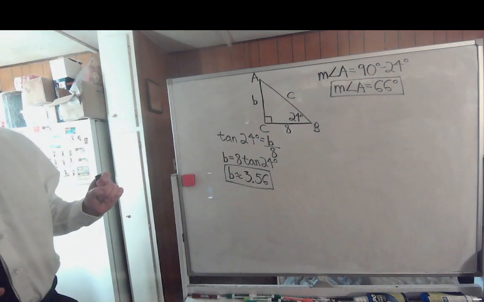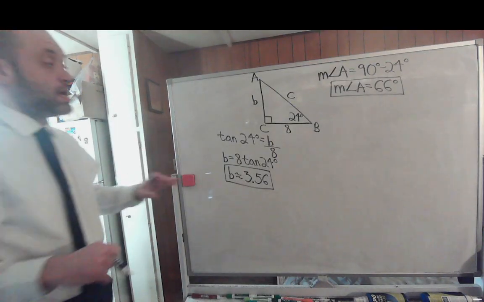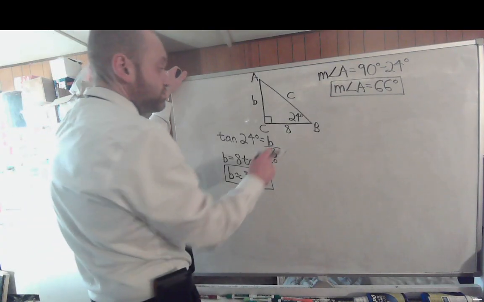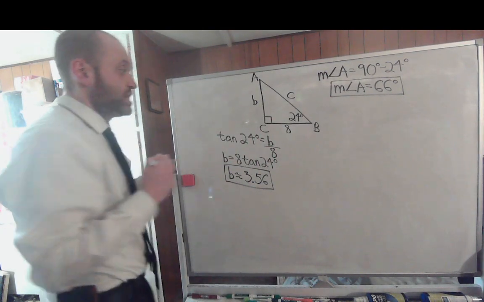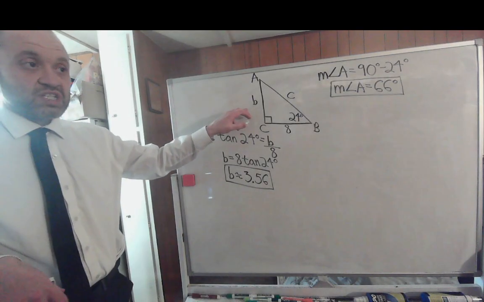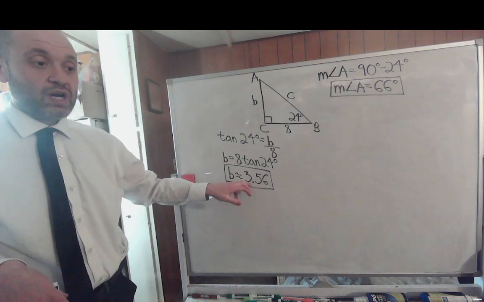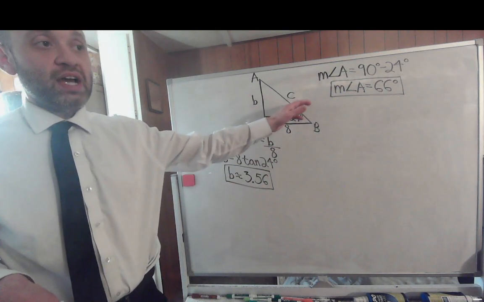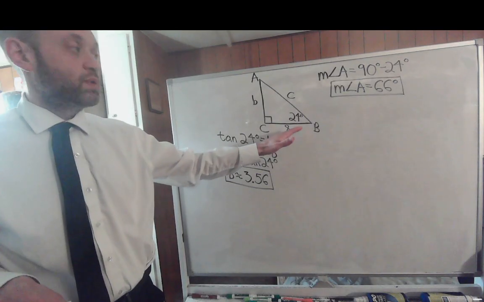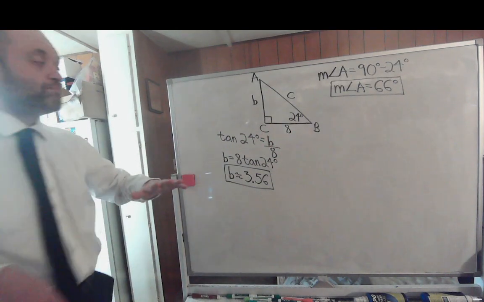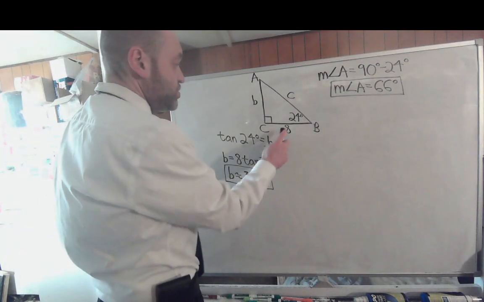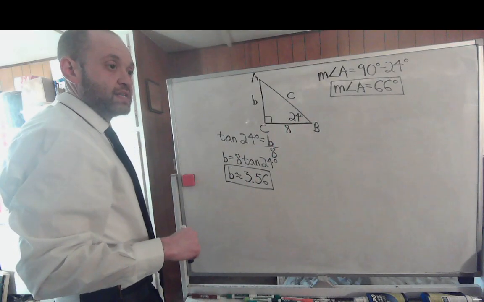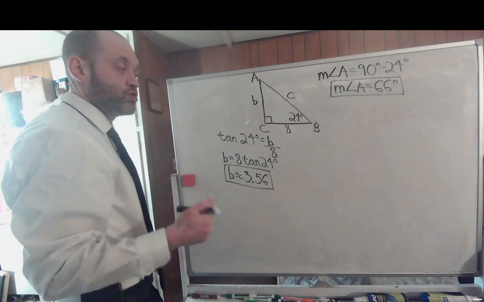Now we can find the hypotenuse side C. So my suggestion is we don't use the side we just found since we had a decimal approximation. You'll get a relatively accurate approximation of the hypotenuse, but you're better off to go with the side you were given, okay? So adjacent over hypotenuse, what's that? What relationship is that trig function wise?